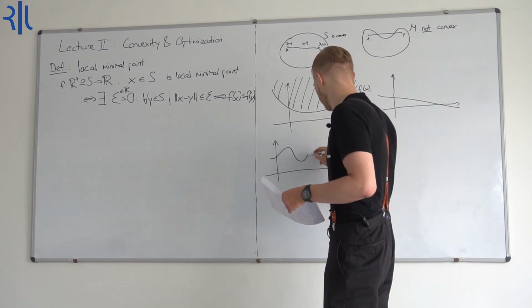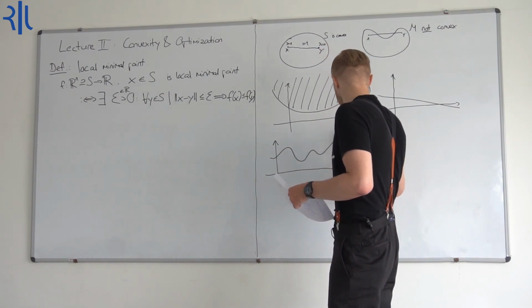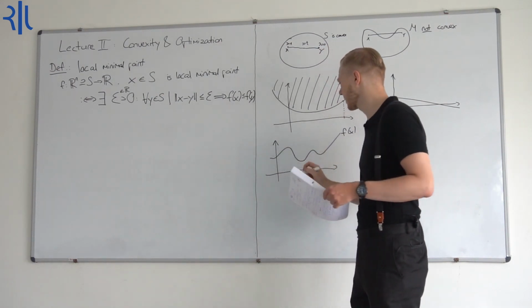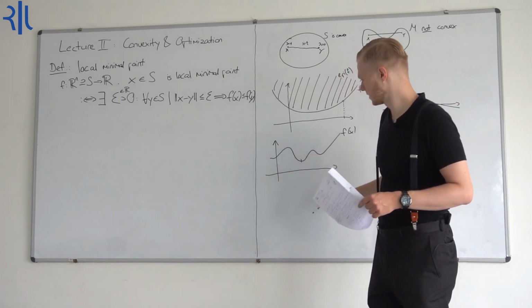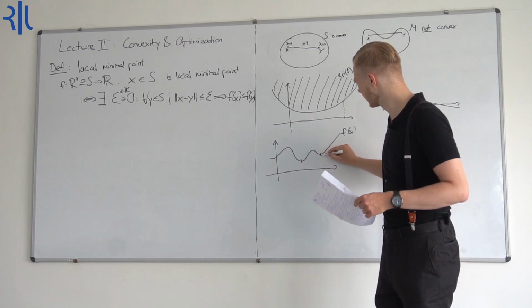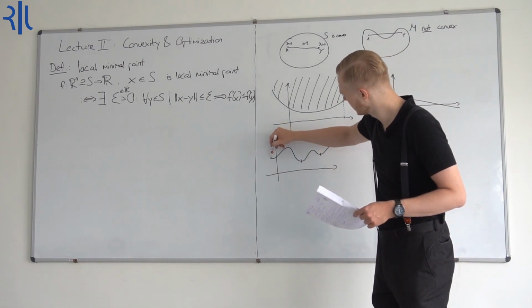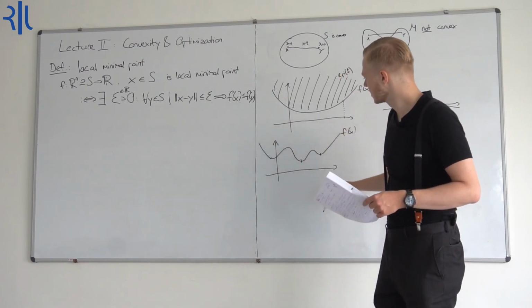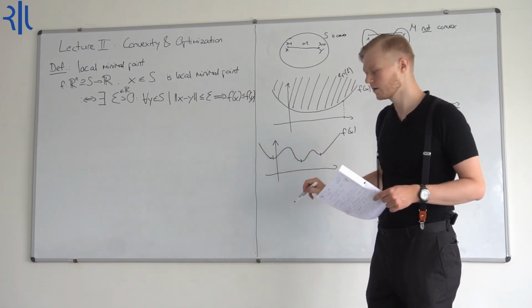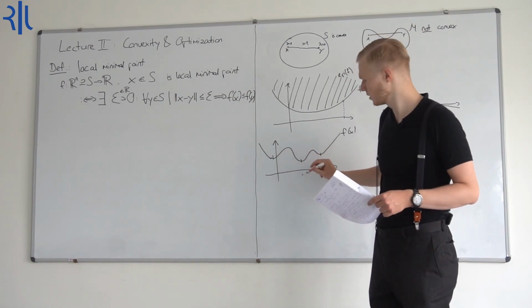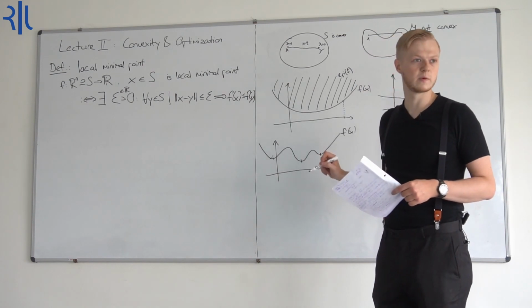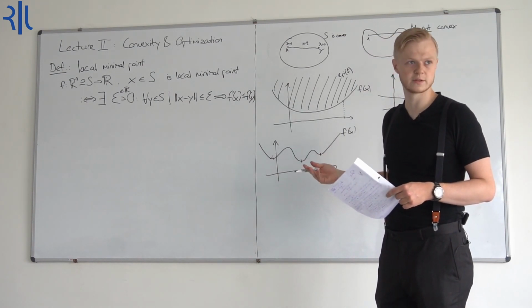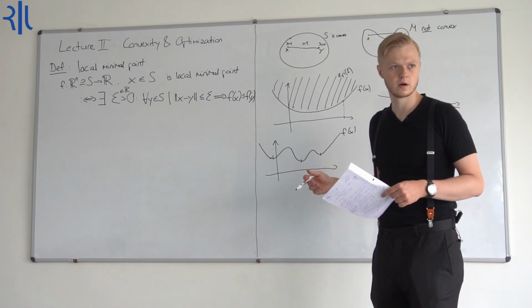So if you have your function that might look like that, our f of x looks like that, then we would have a local minimum point here and here and here, because we can find a neighborhood for each of these where they have a smaller function value than everybody in the neighborhood, right?